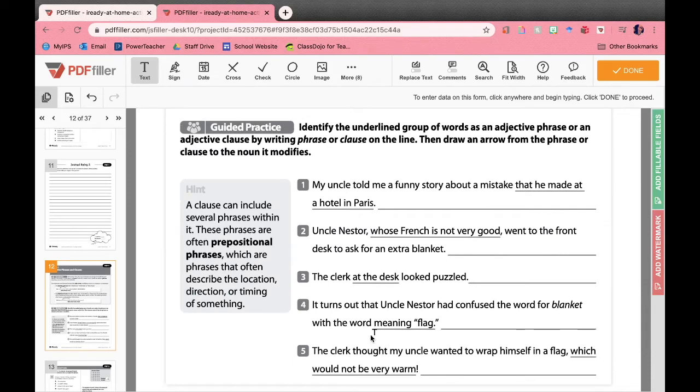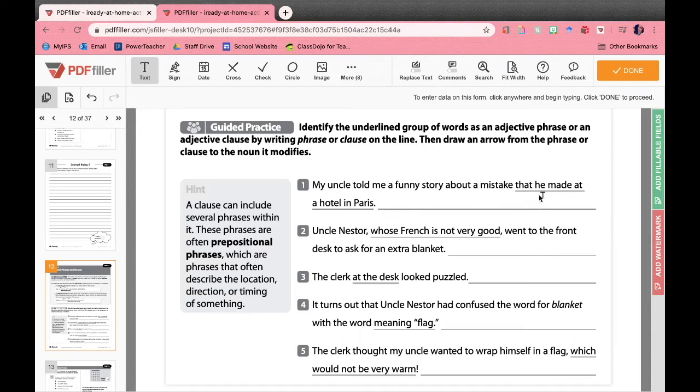So, my uncle told me a funny story about a mistake that he made at a hotel in Paris. The underlined part is that he made at a hotel in Paris. It also says a clause can include several phrases within it. The phrases are often prepositional phrases, which are phrases that often describe location, direction, or timing of something.